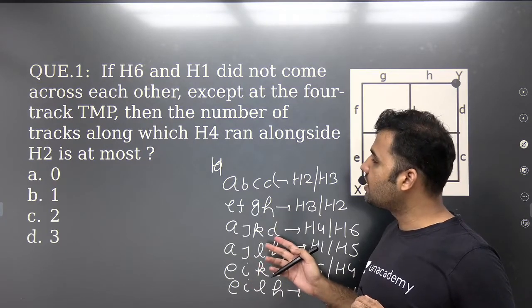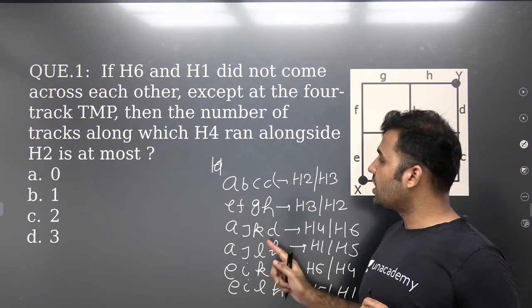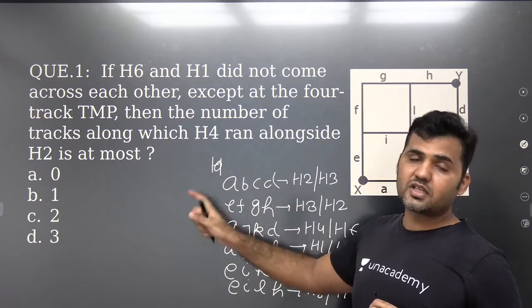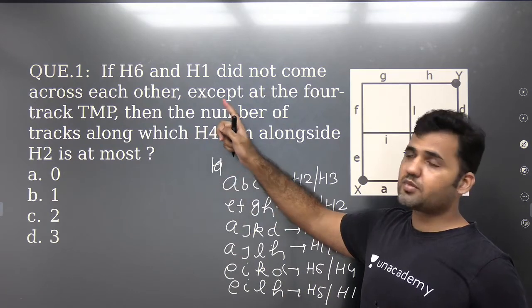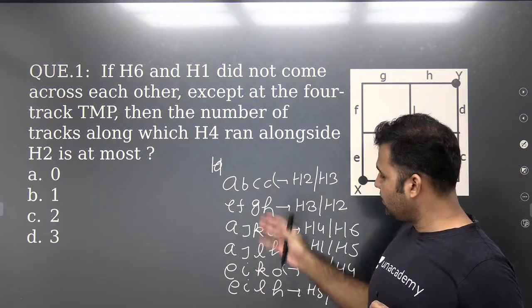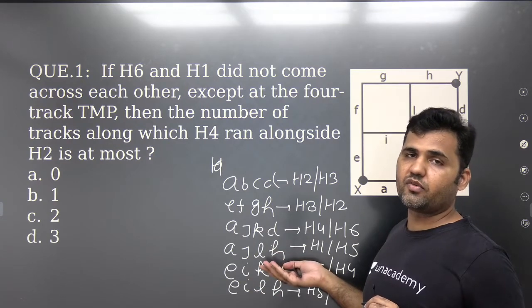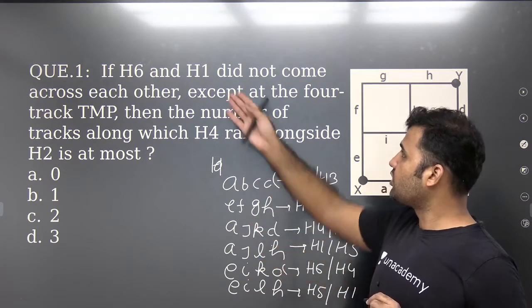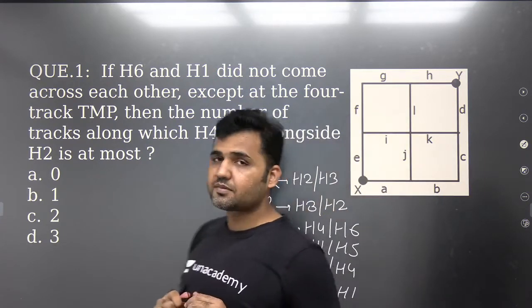I'm supposed to answer the question following the instructions of the question, right? Don't follow only the instruction part in the first paragraph. You also need to use the information from the question to answer it. So if you try to find out the unique possible paths for each of these hamsters, you will end up nowhere. You'll be wasting a lot of time because you will not be using the information which is given in the question itself. So what does question 1 say?